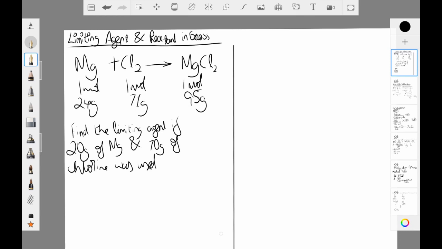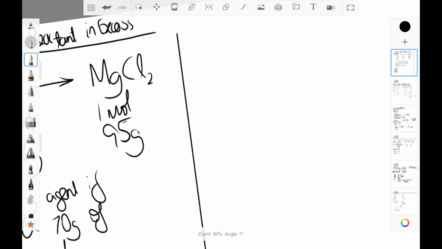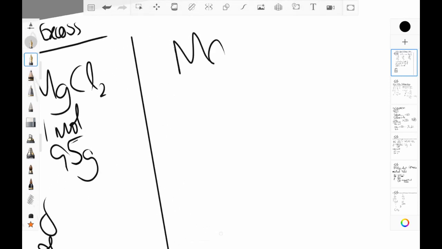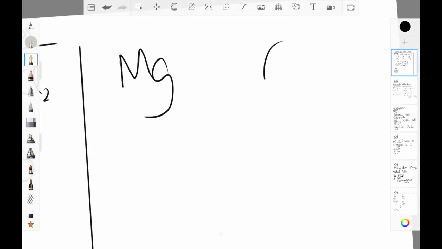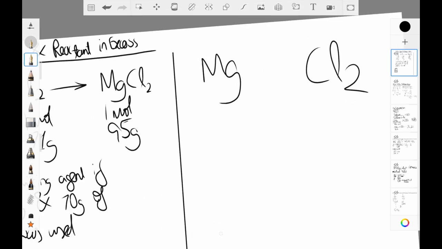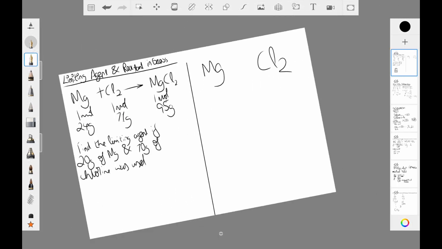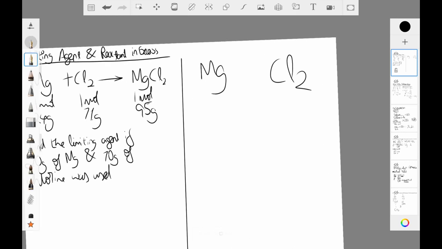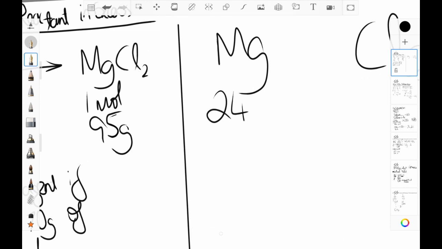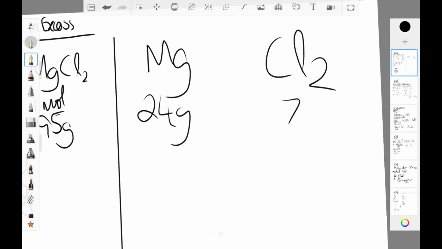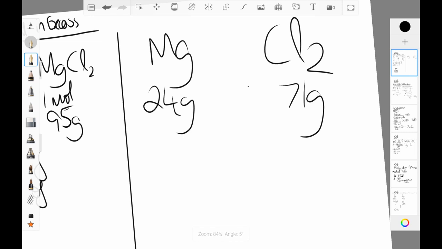So what you have to do here is look at the reactants. You take magnesium and chlorine, and because the question mentions mass, you look at the mass relationship. Magnesium is 24 grams, chlorine is 71 grams. That's the mass ratio.